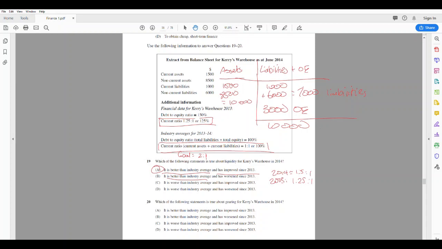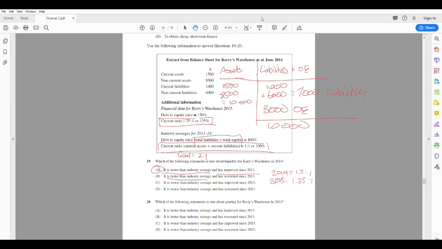Now we're going to look at our gearing. So that is our liabilities over equity. Okay, so that's a ratio of how much we've borrowed to compare to how much we have already. So let's try and figure out the 2014 answer. Okay, so we know our equation because it's given to us, total liabilities over total equity.